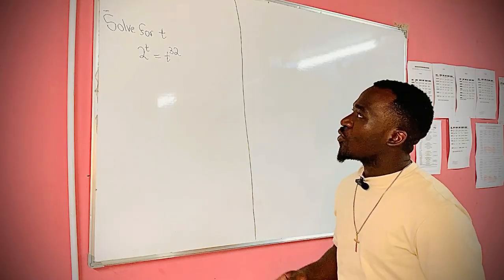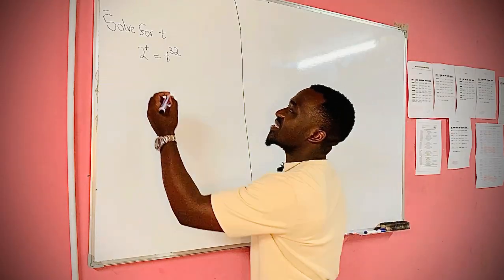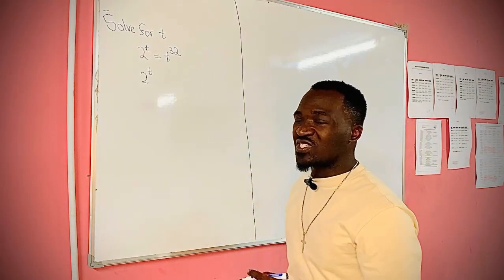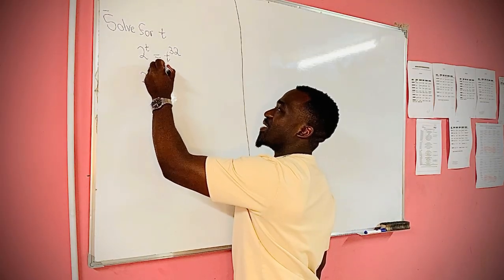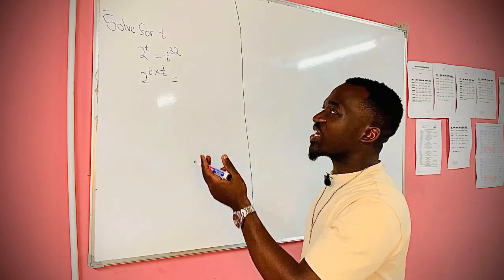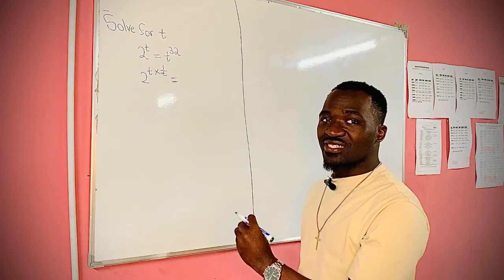So now, when it comes to dealing with the exponent of t here, this is the simple step that we know. In order for us to remove the exponent of t, we simply multiply by 1 over t. Why are we doing that? So that we can form a fraction of t over t, then t cancels t.